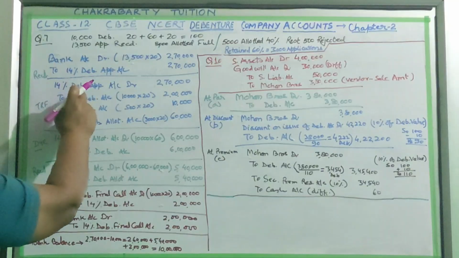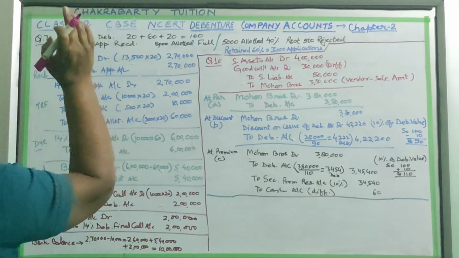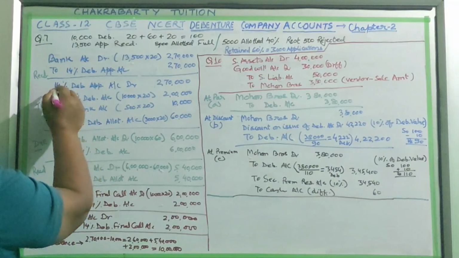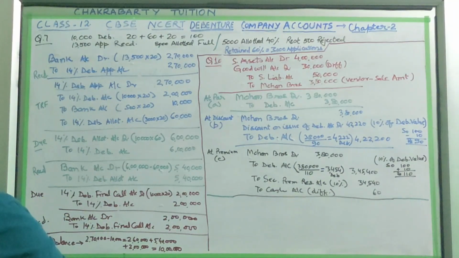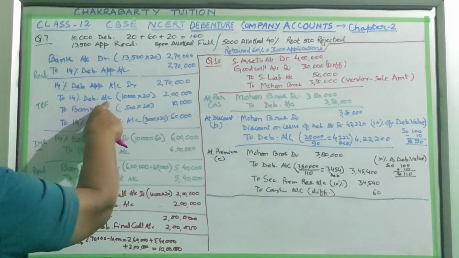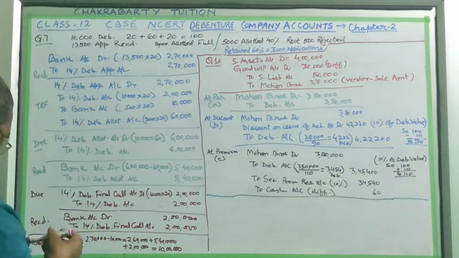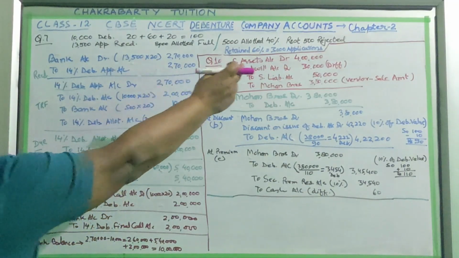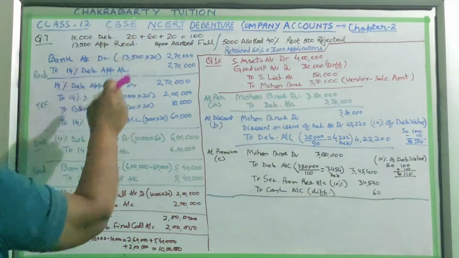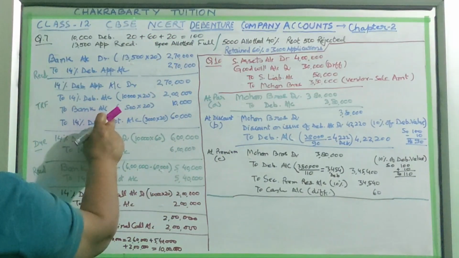Then this debenture application account is debited and credited to debenture account, 10,000 at the rate of 20, because 10,000 debentures we are allotting, that is 2 lakhs. The 500 we have rejected, at the rate of 20, we will refund.